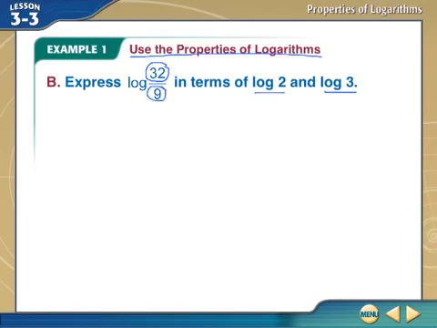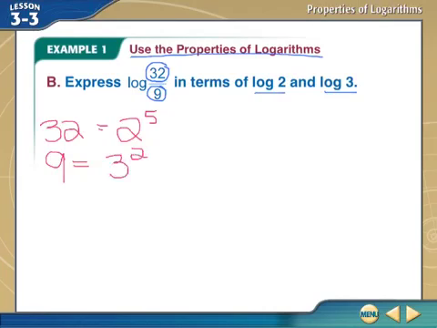Well, I know that 32 can be rewritten in base 2. And when I say base 2, 32 is the same as 2 to the 5th power. And the number 9 can be rewritten in base 3 as 3 squared.